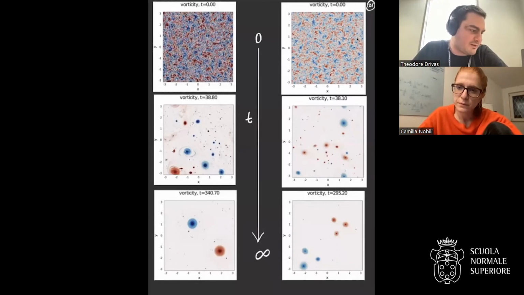But in terms of mixing and things like that, or even loss of compactness in general, the only examples I know of are through the whole inviscid damping program. So there's not even a soft argument to prove loss of compactness, as far as I know. So no, I would say it's kind of a sorry state from that point of view. Okay, thanks.